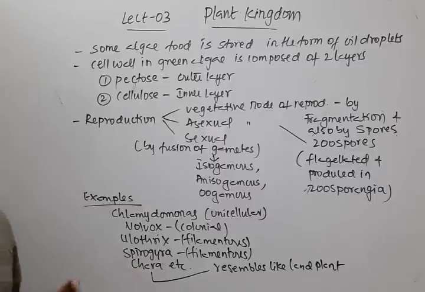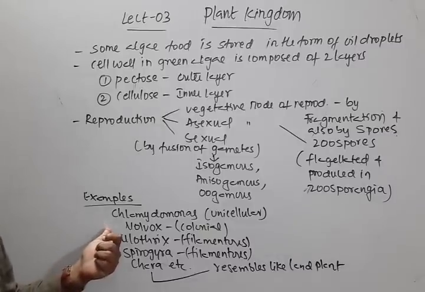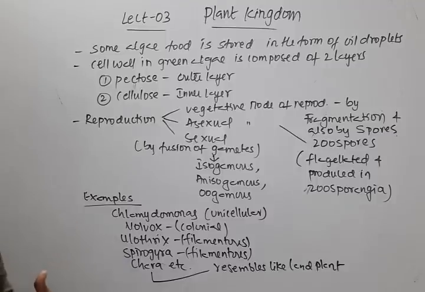Of course they are not true structures, but you will see stem-like and root-like structures, and because of it I say it resembles a land plant. Whereas the others: Chlamydomonas is unicellular, Volvox is colonial, Ulothrix and Spirogyra are also filamentous structures.